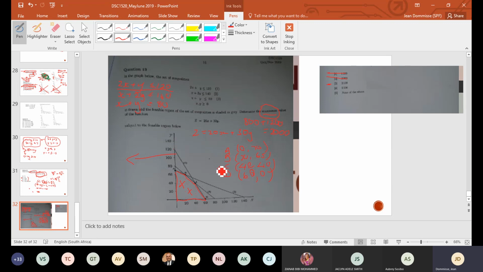If I look at the 20 and 65, 20 times that is 400. 65 times 50 gives me 1,950 plus 400, which gives me about 2,300.